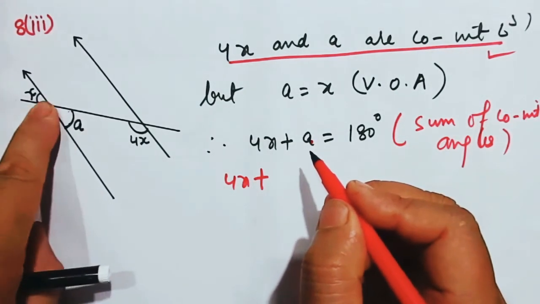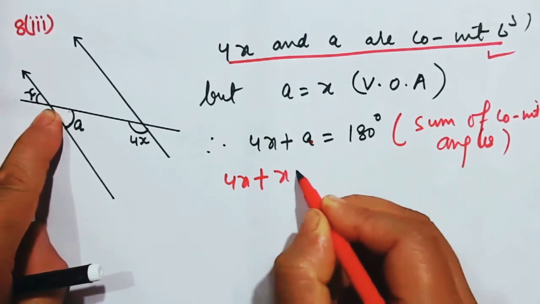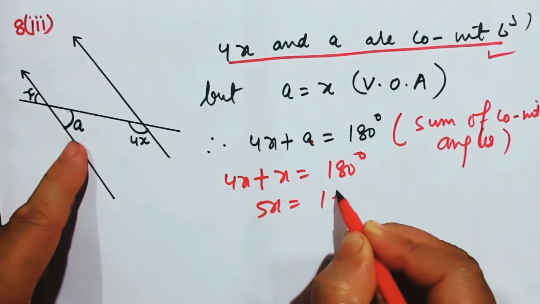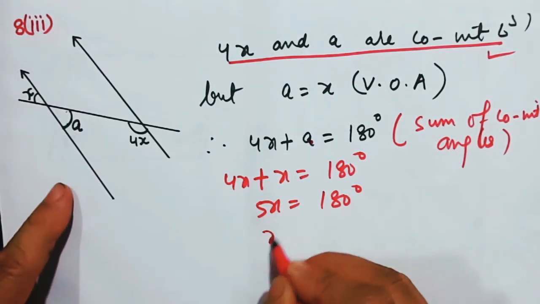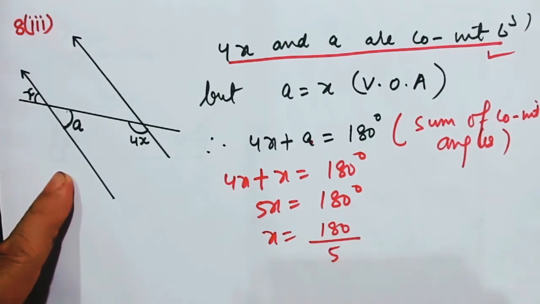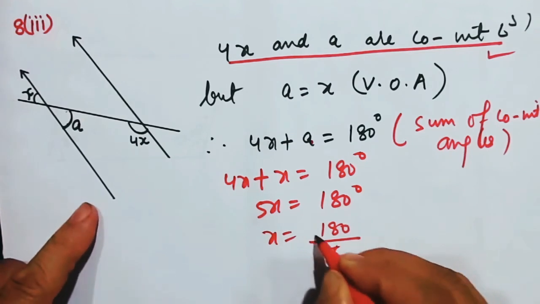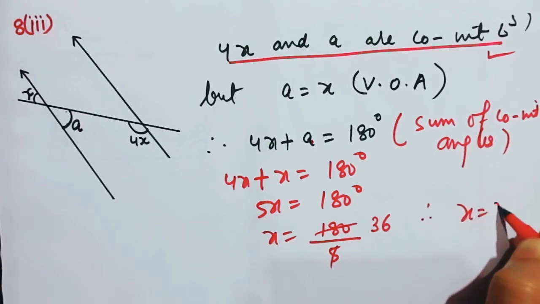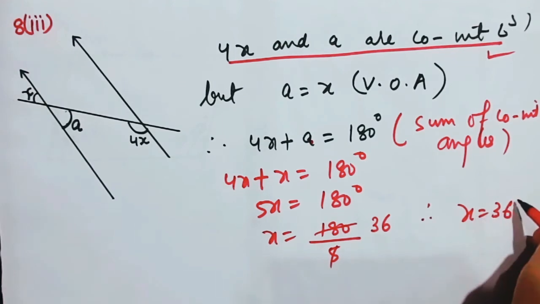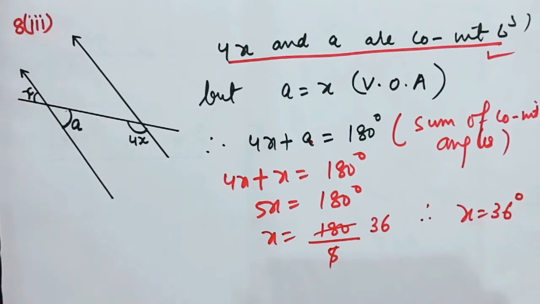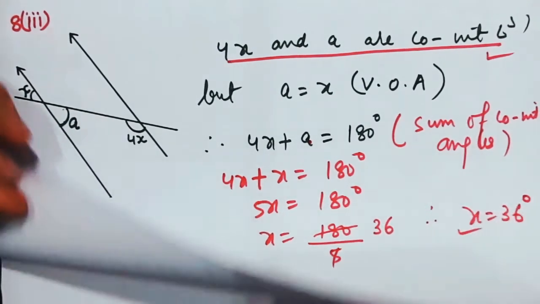So 4x plus x, 5x will be equal to 180 degree. x will be equal to 180 by 5, which is 36. Here you can write x equal to 36 degree, because x itself is an angle. Clear? Okay. Let's continue.